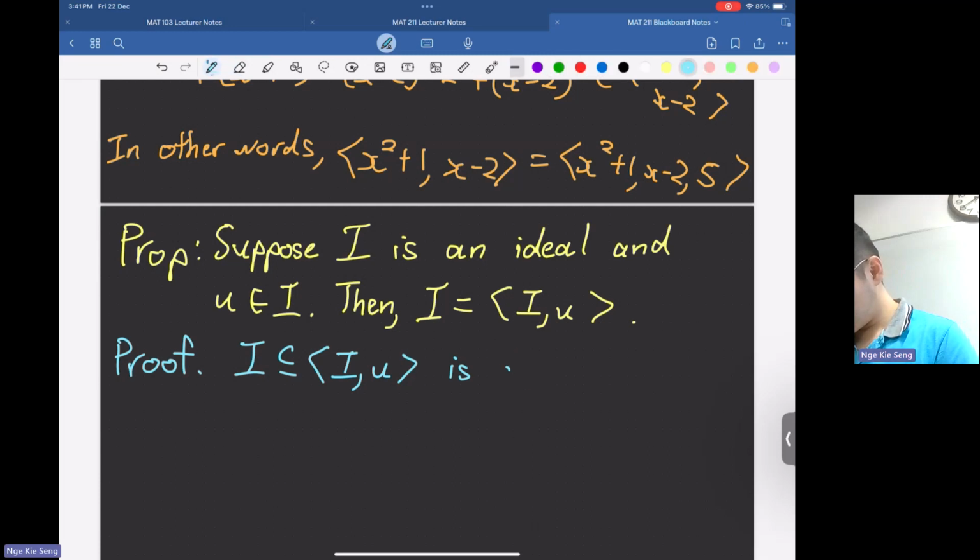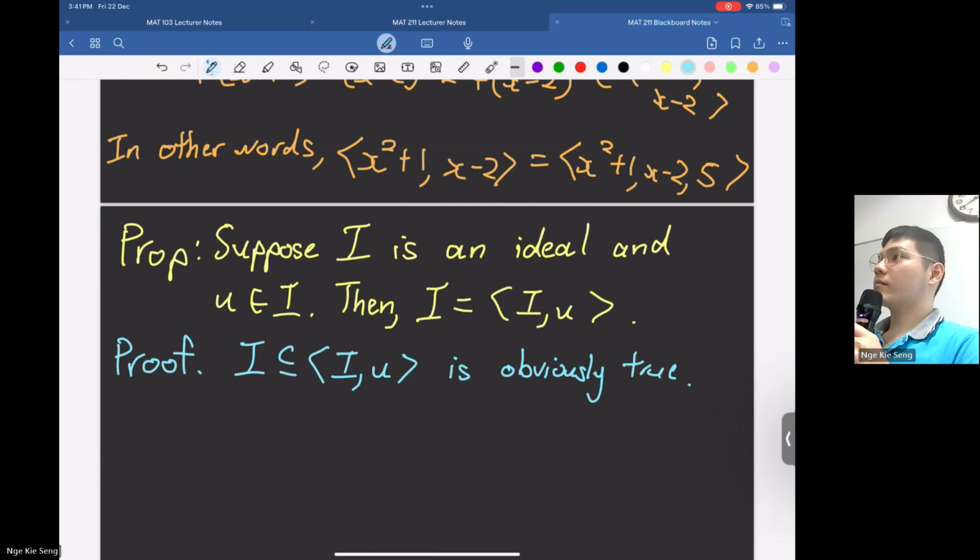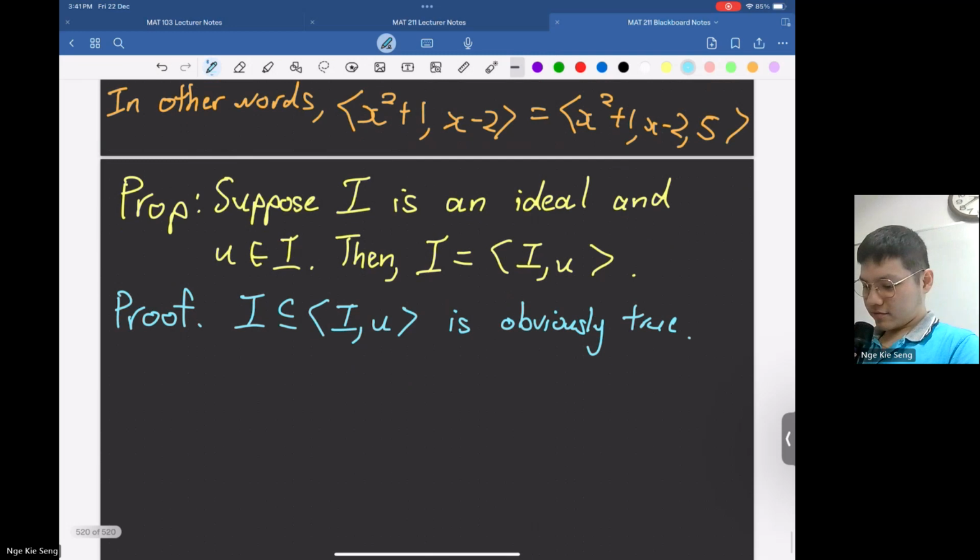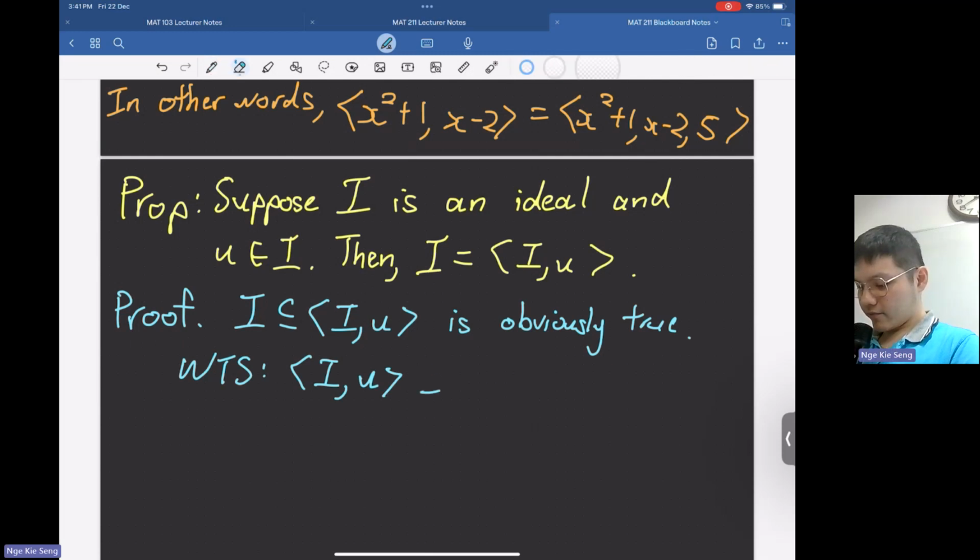It's obviously true. How about the other direction? We want to show the ideal generated by I and u is a subset of I.